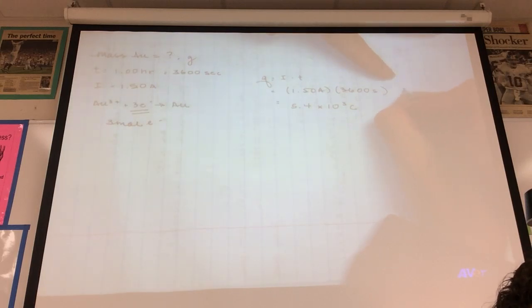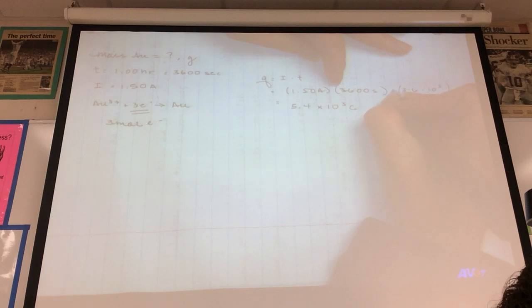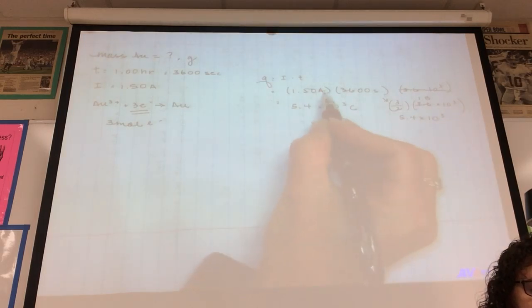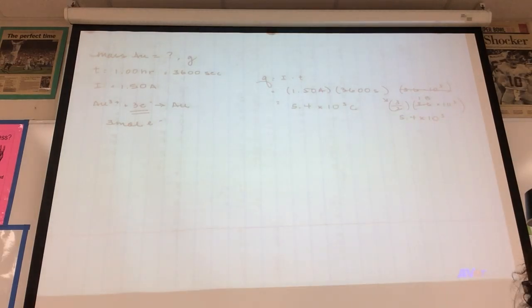You have 3.6 times 10 to the third, and I'm going to multiply that by 3/2. Make that 1.8. Make that 5.4 times 10 to the third, and there's your coulombs. Amps times seconds is coulombs.